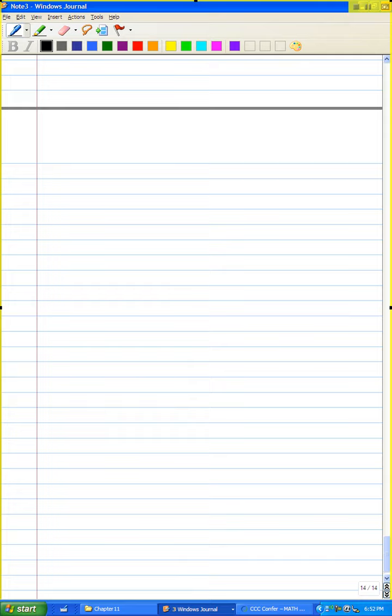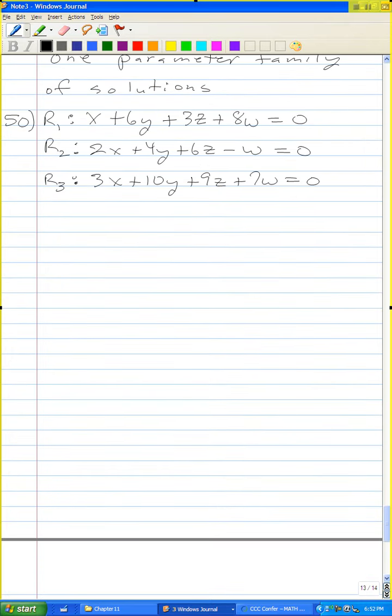R4: 4x plus 16y plus 12z plus 15w equals 0.